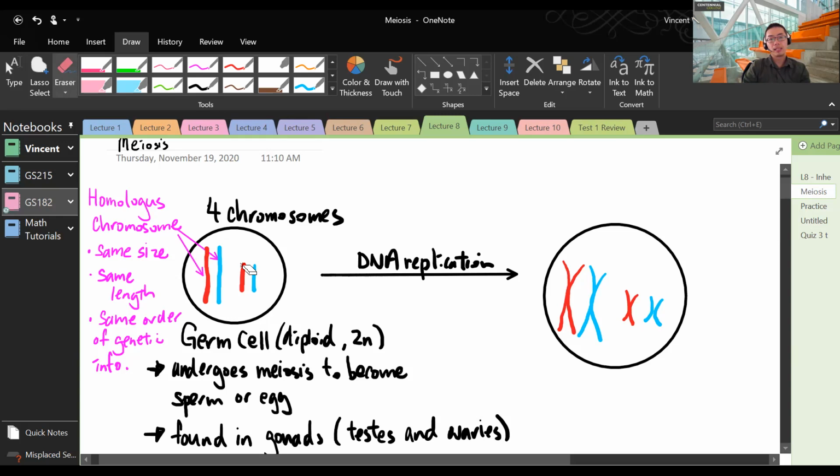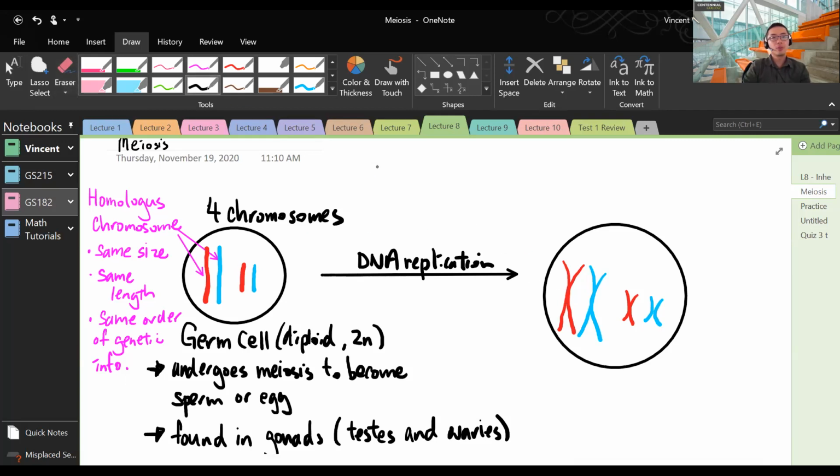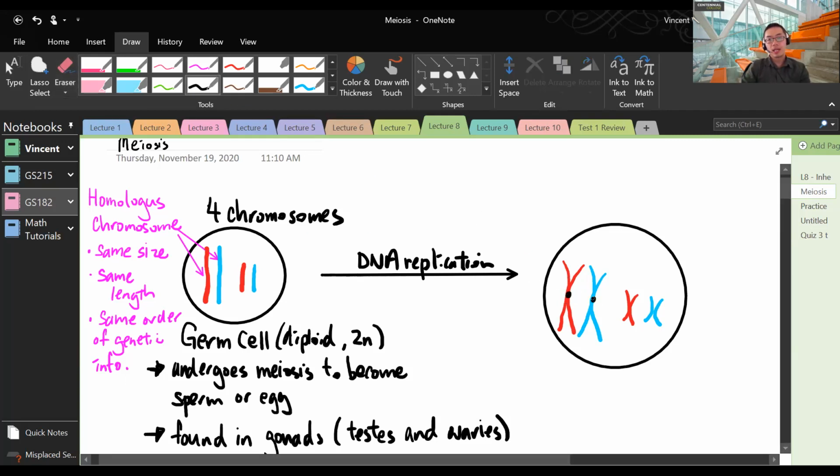Similarly, this one and this one are homologous as well. But this one and this one would not be homologous. You're only homologous to the same chromosome number. So you have one inherited from each parent. After DNA replication, you will have identical copies stuck together at the centromere.